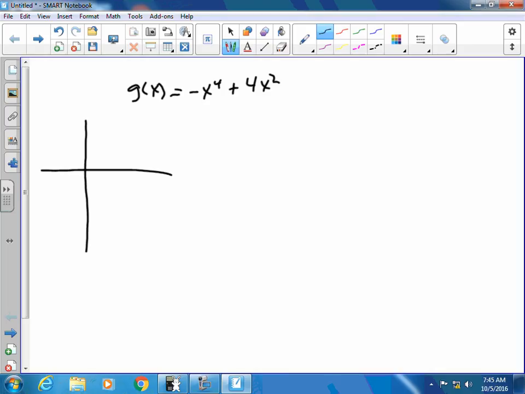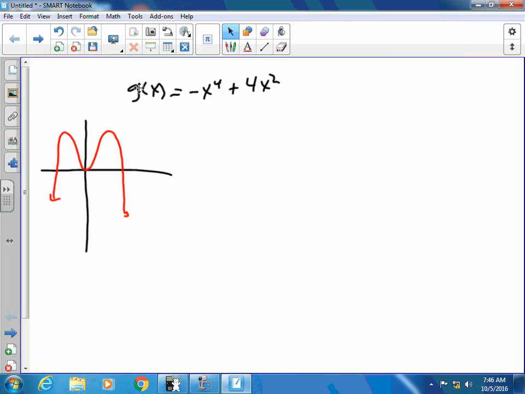How many roots should this have? How many zeros? 4. Which way should it open? Up or down? Down. And both ends are going to be opening down. It should have 4 roots. It should have 3 turns. Let me do this, and we'll do inflection points soon. So you see it should look like this. Does it look like this?